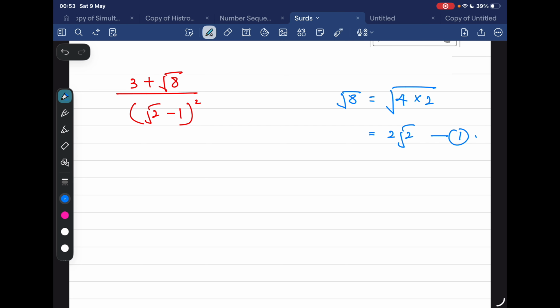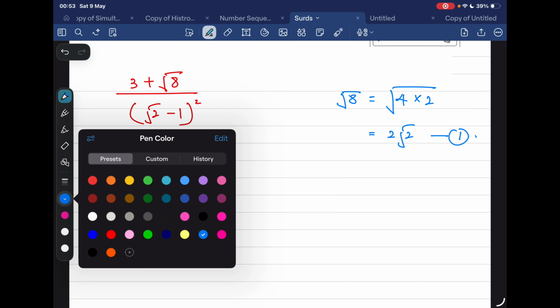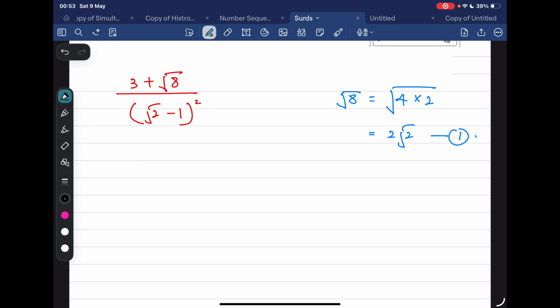You can write the numerator as 3 plus 2 root 2.